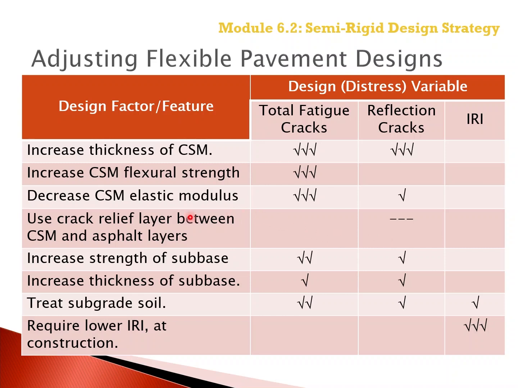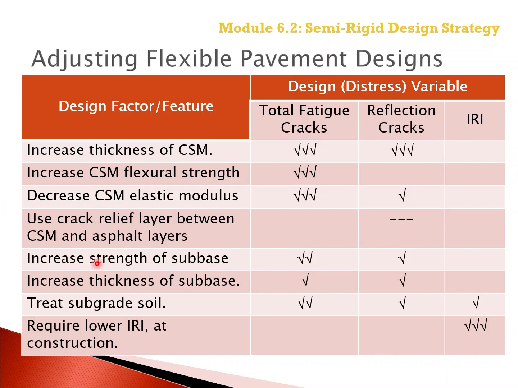So we will discuss this, its benefit and if there is a benefit, and the impact of using crack relief layers between chemically stabilized and asphalt layers in modules, specifically in modules 8 as well as 9, from a reflection cracking standpoint related to asphalt overlays. So the impact here will be reviewed in modules 8 and 9.